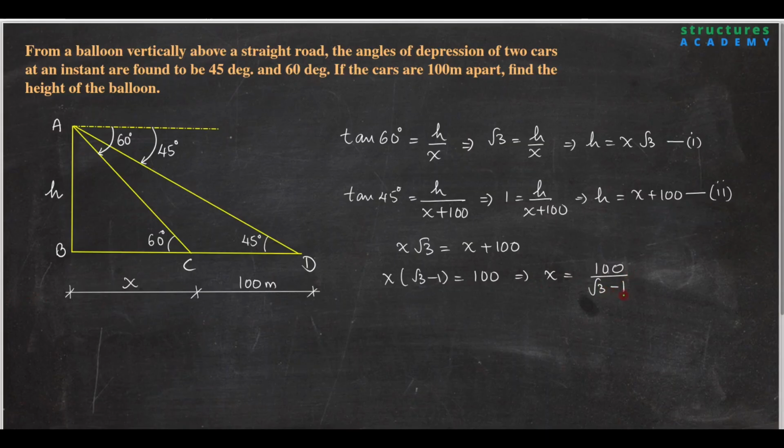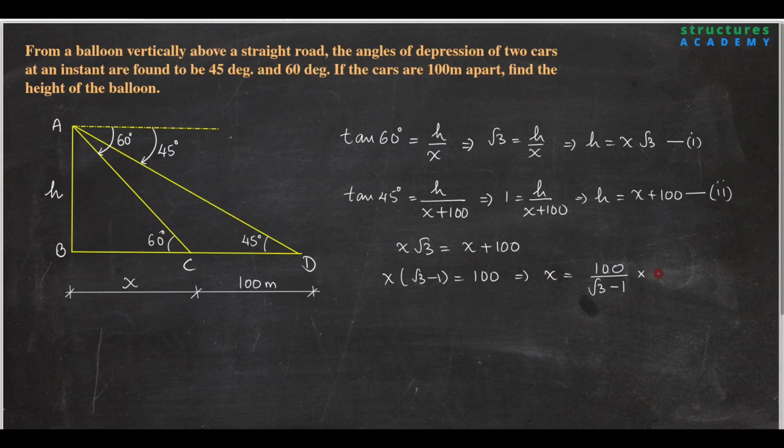Now one mistake which students often make is to try to divide 100 by root 3 minus 1. Root 3 minus 1 would be basically 1.732 minus 1, which is 0.732. Dividing 100 by 0.732 is very difficult, and it is not advisable to do so. Rather, what we should do is multiply the irrational denominator by its conjugate and therefore eliminate the irrational part in the denominator.